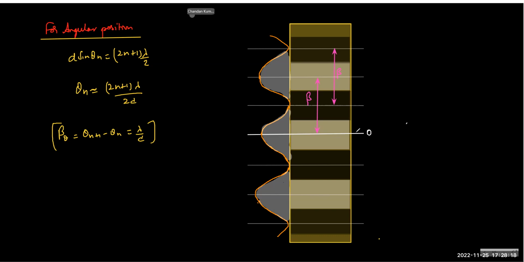So the position of the minima is called beta by 2. On both sides of the central maxima, you will get minima, right? At a beta by 2 distance away.